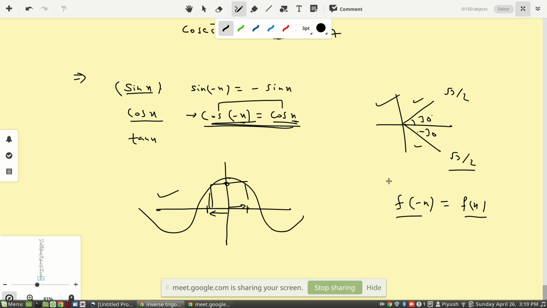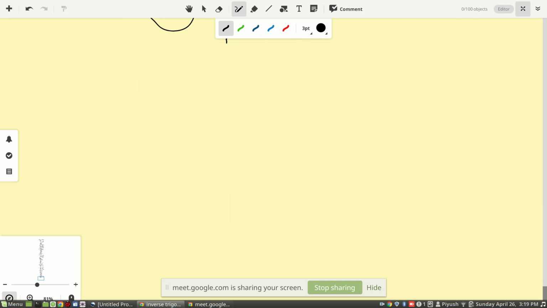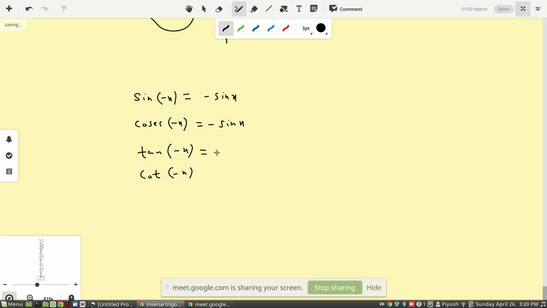So if I write the statement, in the case of sine, his brother cosec, tan, and cot, in these 4 cases, if I put negative of x, the negative comes outside.